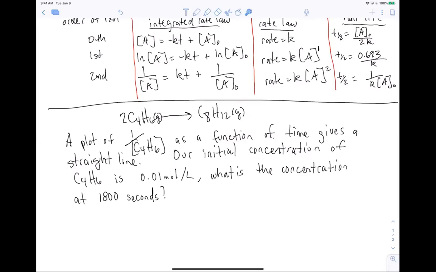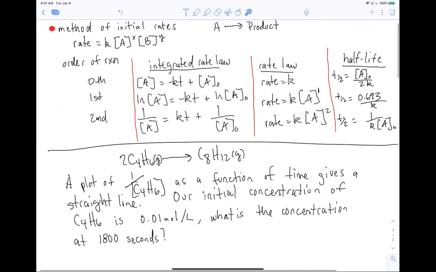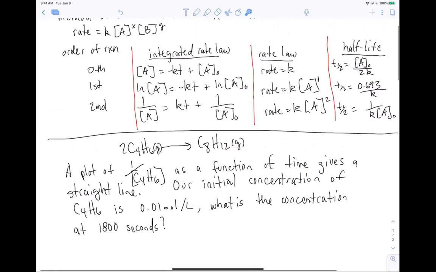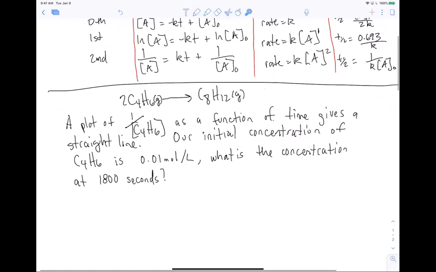Here I'm breaking it up and saying, this is method of initial rates, and here we have the integrated rate law. But how do you know when to use this equation versus one of these equations? Anytime they're asking for a relationship between concentration and time, which is what we're given down here, it's saying what's the concentration at a particular time t, that's going to be an integrated rate law type situation.